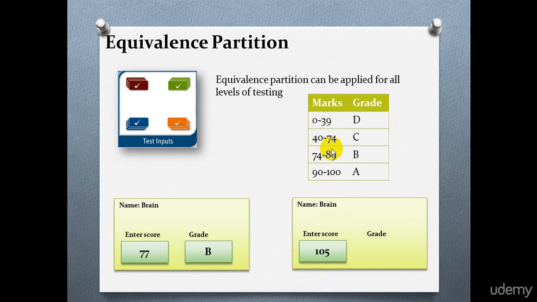That means here we can say that this is invalid. So here 105 is the invalid input. And also you can say that a non-numeric value would be classified as invalid input.